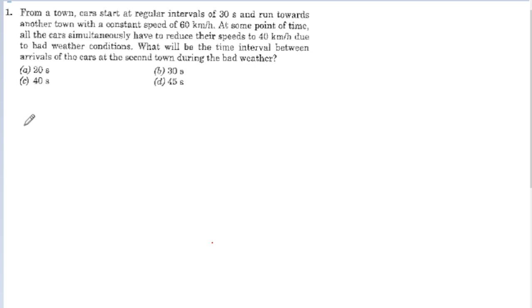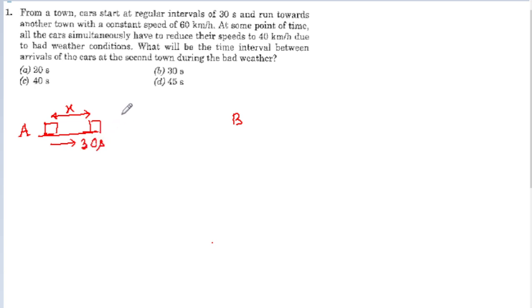Let this be our town A and this be our town B. In town A, it is given in our question that the cars start at regular intervals of 30 seconds. So this is our first car, this is our second car, and the separation between these two cars is x, and they start after an interval of 30 seconds.